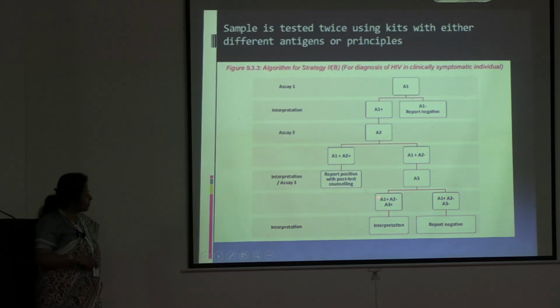So here we can see two tests are positive, one is negative. It means there may be some issue with the phase of the infection, at what stage the patient is. So in these cases, we will ask to repeat the sample, asking the patient to come again after 28 to 30 days. So we have to follow up the patient and counsel the patient.